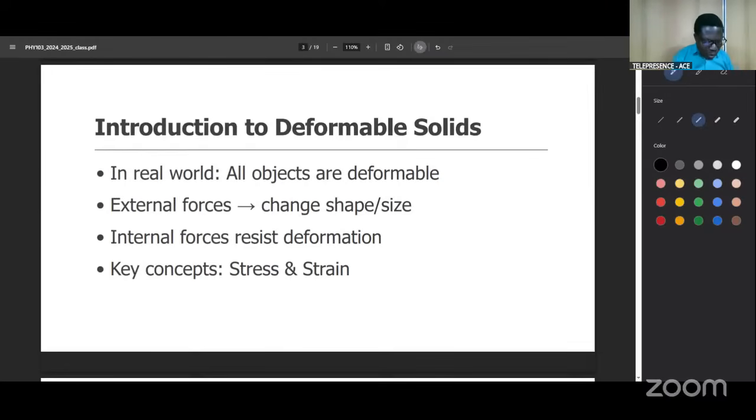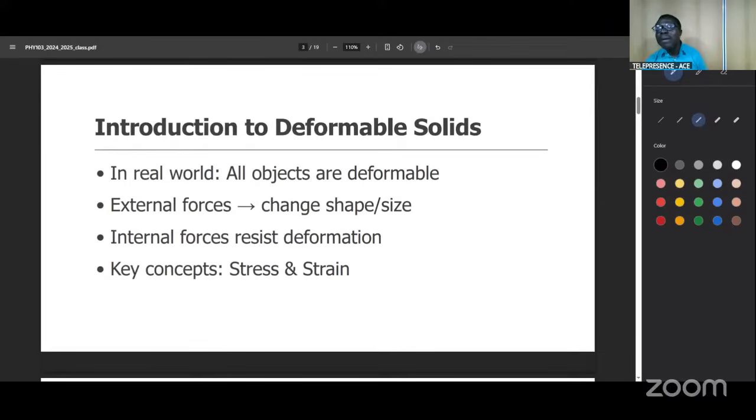External forces are forces applied to a body from its surroundings. When such forces act on a solid, they tend to change its shape, size, or both. At times, it may be the shape that changes. At times, it will be both when you apply a force. External force may arise from, for instance, applying a load, like pulling.